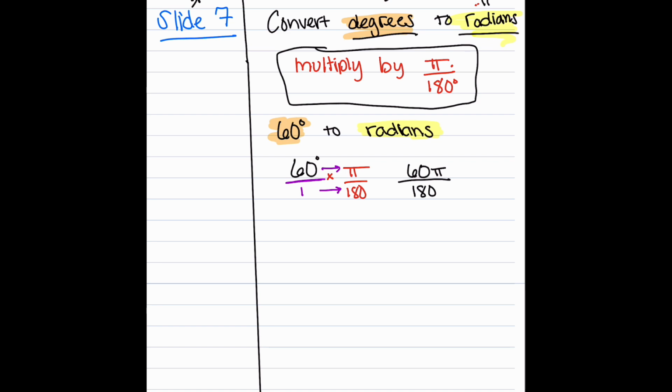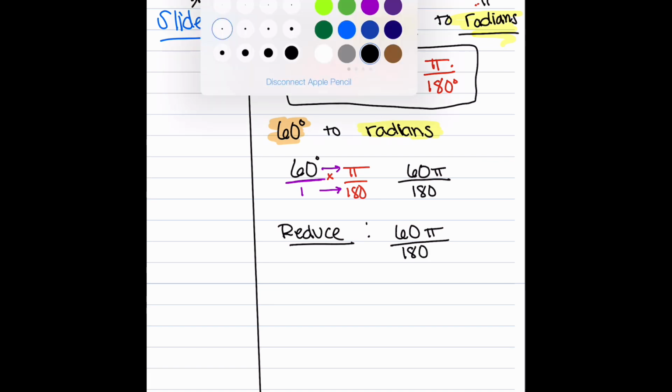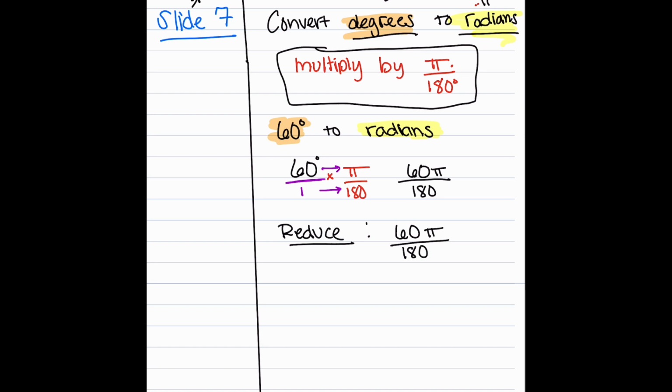Now I just have to reduce the fraction. So I'm going to reduce 60 pi over 180. So a little tip, how you reduce is you want to basically divide until you can no longer divide the numerator and the denominator by the same number anymore. Looking at 60 and 180, I'm seeing right away I can actually divide both of those by 10, which is the same thing as just dropping that 0 on the end. 60 divided by 10 would be 6.